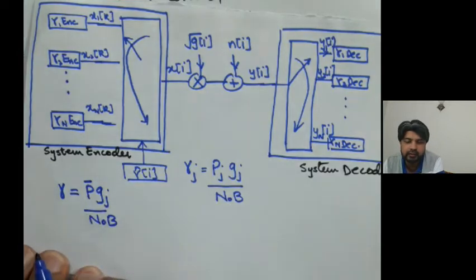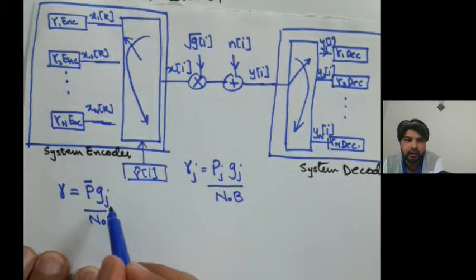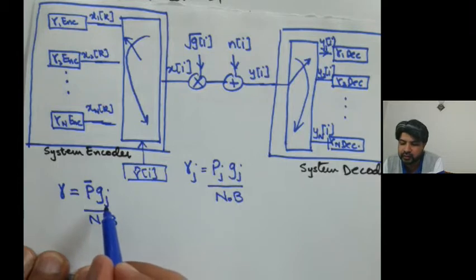When P bar is transmitted, the channel state, which would still depend on what is the current channel state, because Gj is your channel gain at the jth state, divided by N naught B.